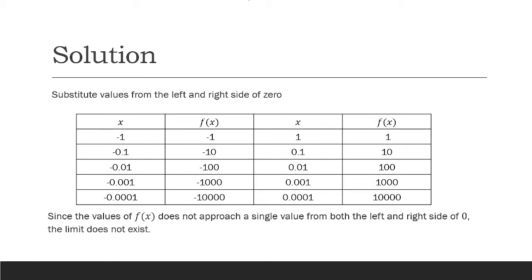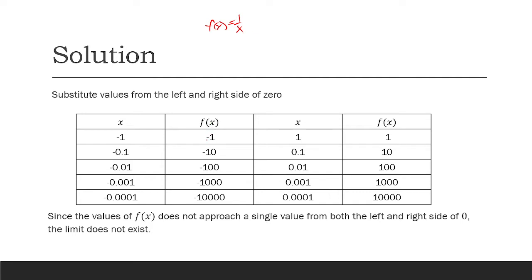Kung mapapansin, the value of f of x, which is our 1 over x, as we try to have a value that is closer and closer to 0, we will see that from the left-hand side, we will have a value of f of x that is increasing in the negative direction.